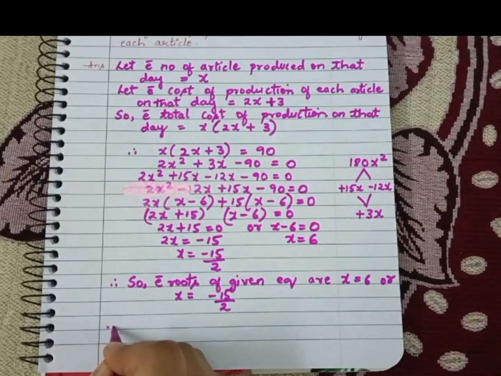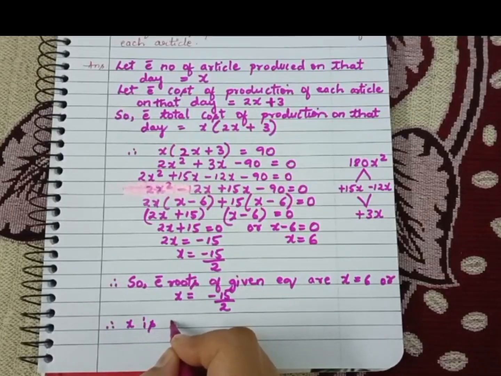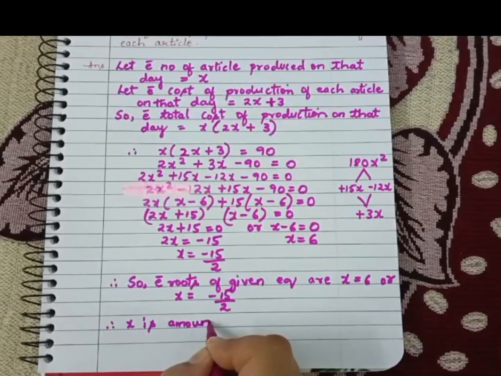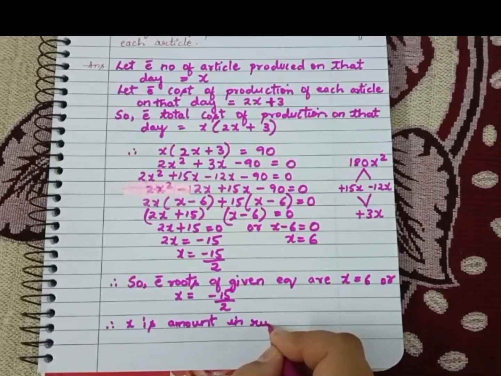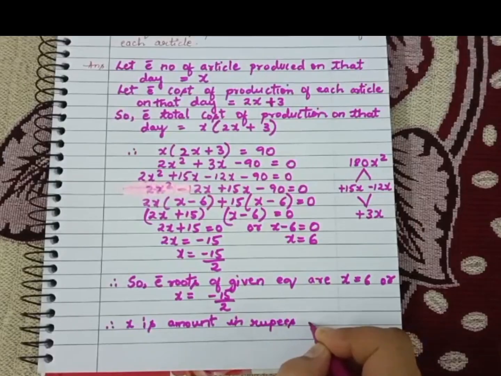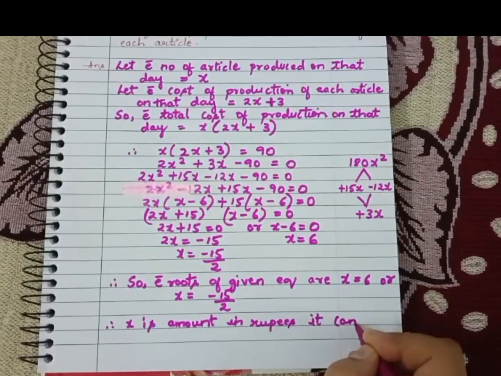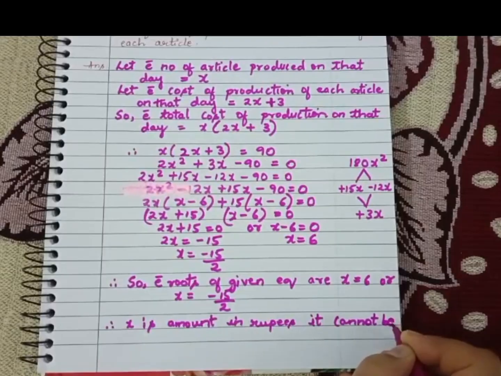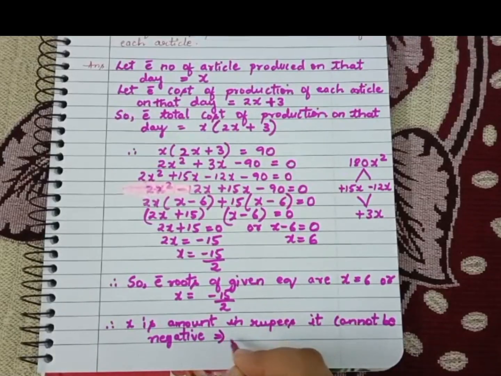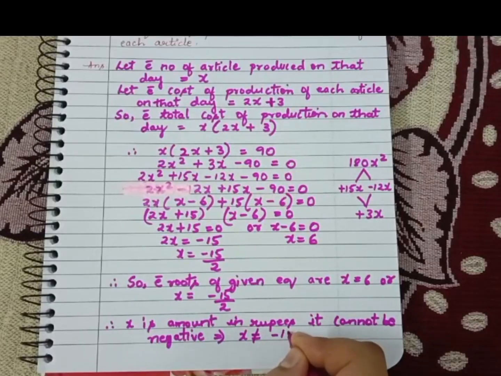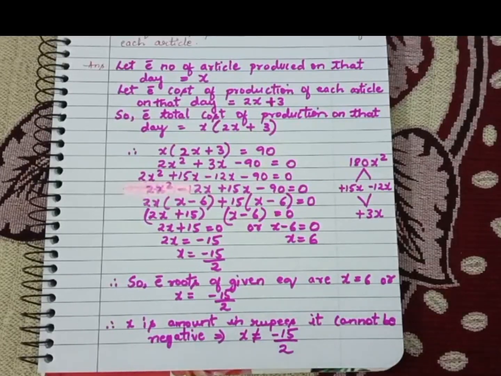But x is the amount in rupees, it cannot be negative, that is x is not equal to minus 15 by 2.